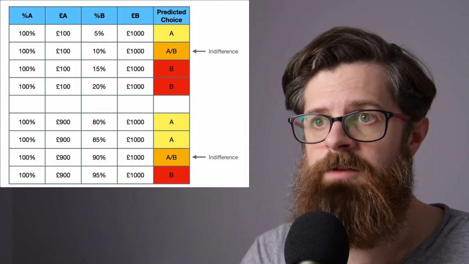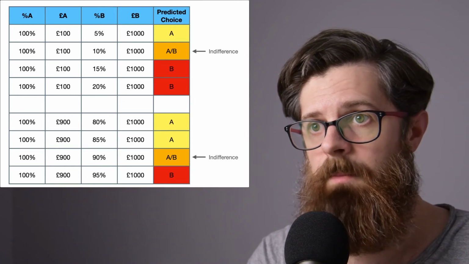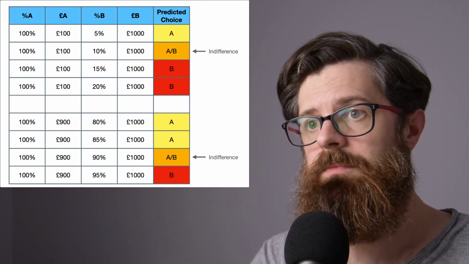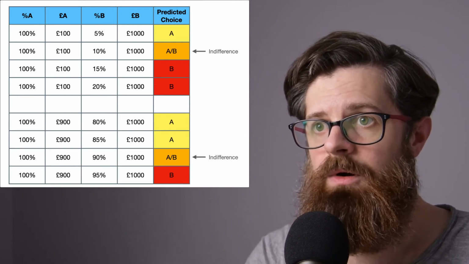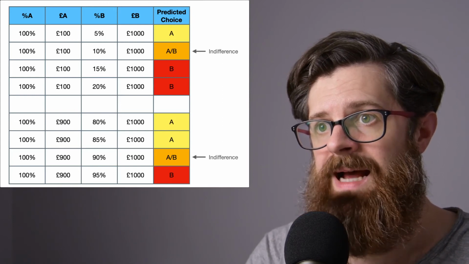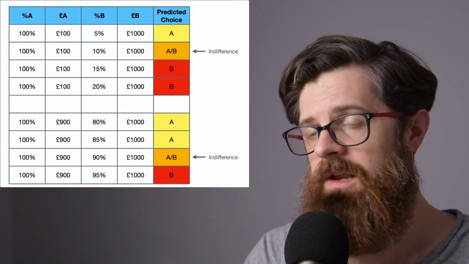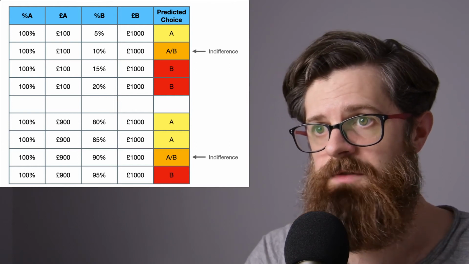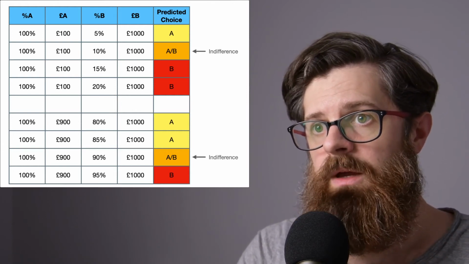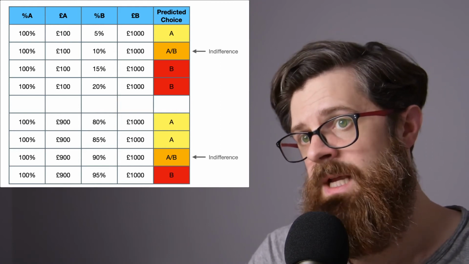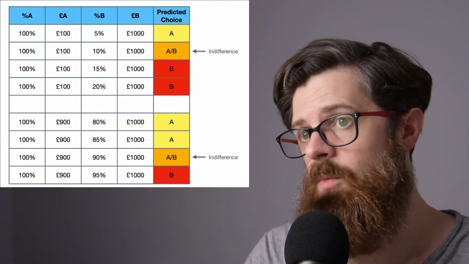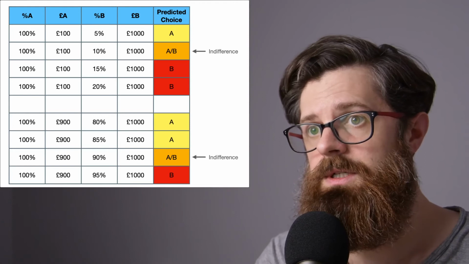If we only have a 5% chance of winning £1,000, then our expected value is going to be lower than if we were to pick the £100 for sure. And so this would mean that we would predict that they would choose the £100 for sure. They would choose A.